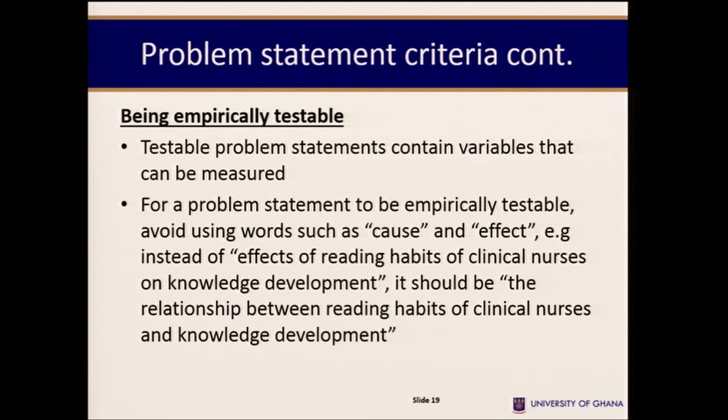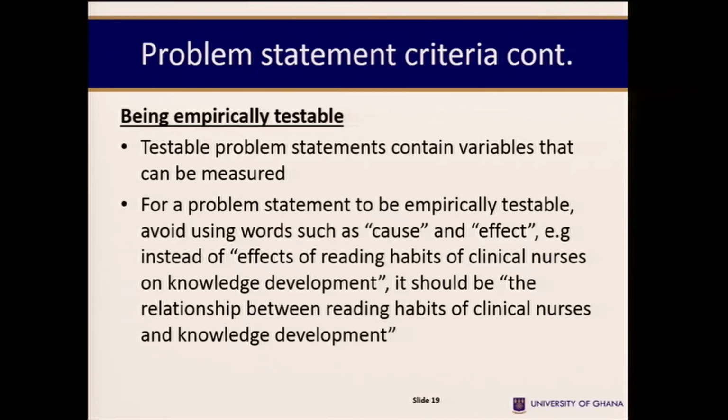We also said that one of the criteria is that the problem statement must be empirically testable. What does it mean to be empirically testable? A testable problem statement contains variables that can be measured. In the previous example that we gave, if you say reading habit is a variable, it means that you should have a questionnaire on reading habits, or some questions on reading habits, so that you can measure the reading habits of nurses.